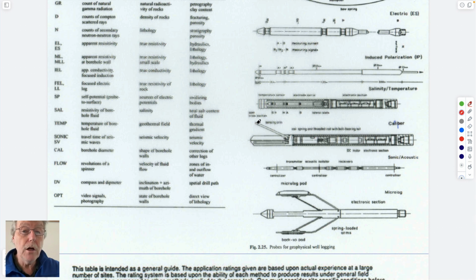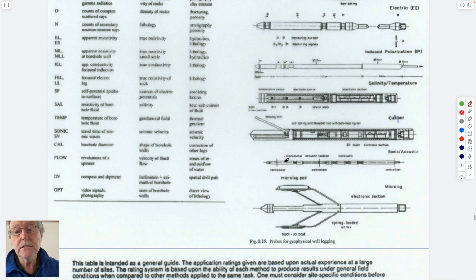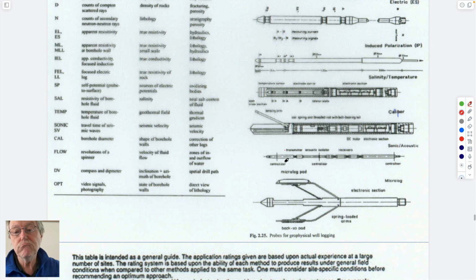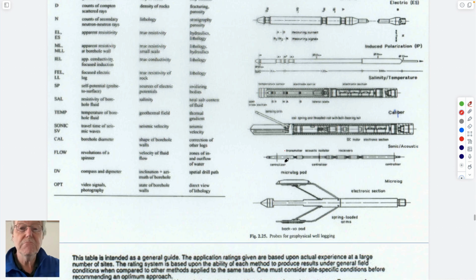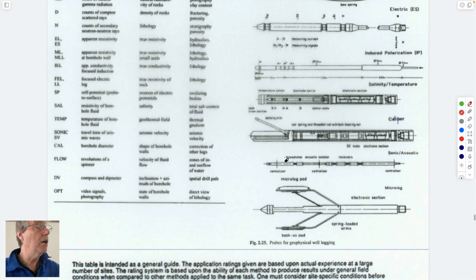You could have a caliper log, which measures the diameter of the borehole to see if you have collapse in certain locations. And what else? Yeah, and you could have a spinner log.